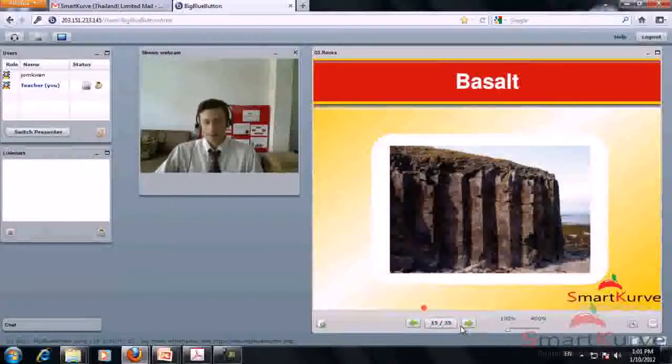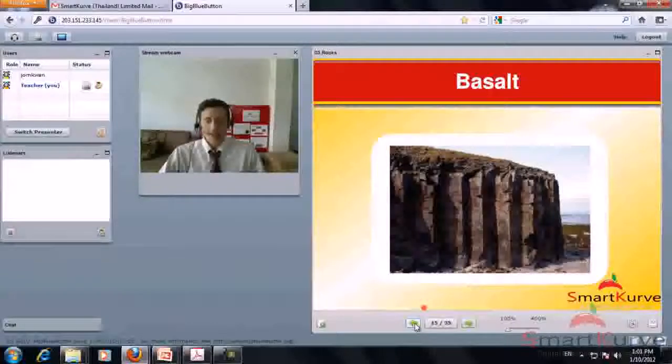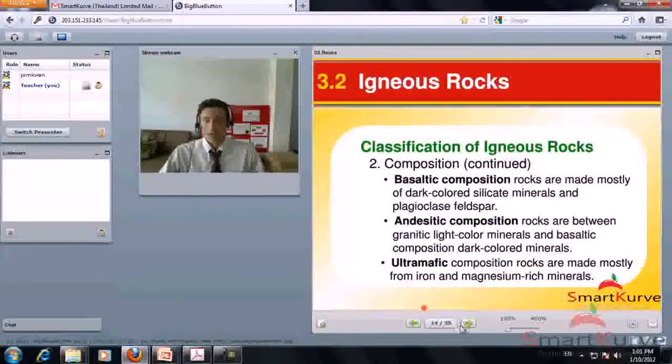But first, I'd like you to look at slide 15, that cliff with those very straight lines. That is basalt. You can see that it's a silicate mineral, but you can see it's a much darker color than that granite. It's a much darker color than the feldspar, which we looked at yesterday.